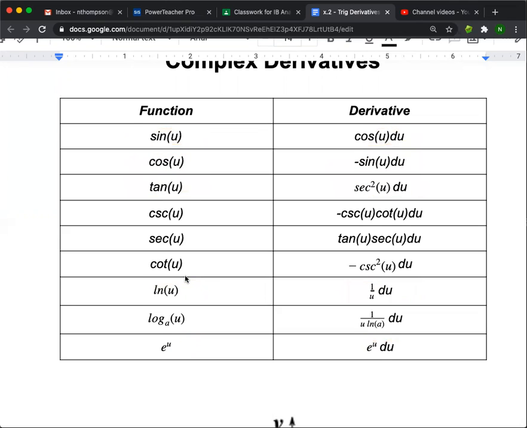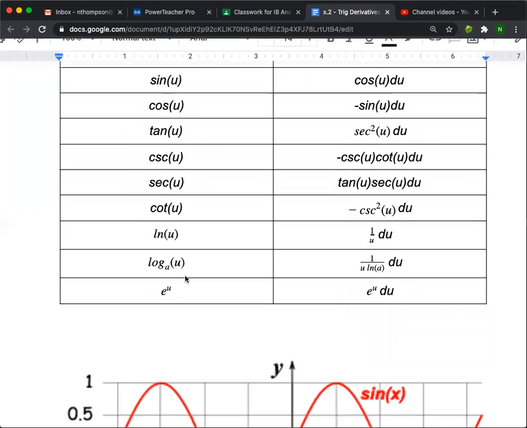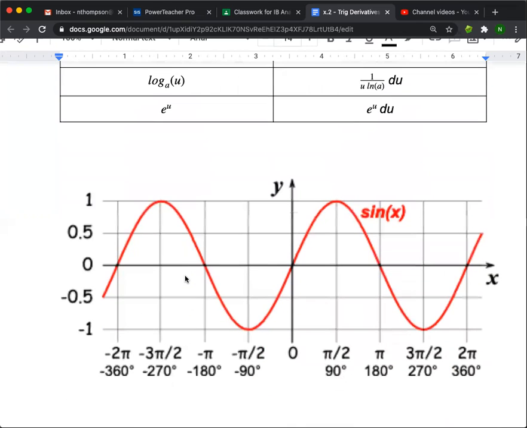The first thing to remember is that the first derivative is talking about the slope, right? So we're going to look at the function sine of u, and I want you to think about what the slope is at these different values.